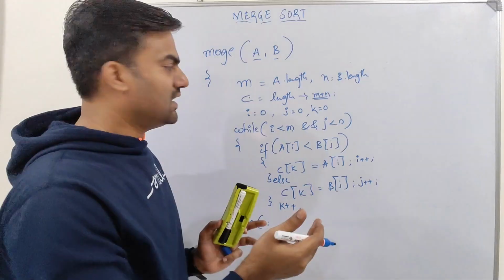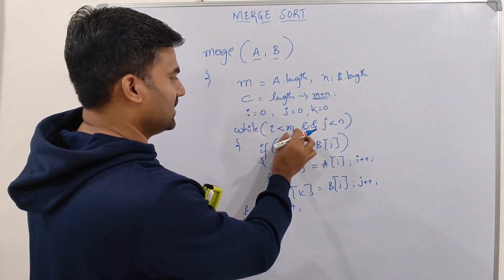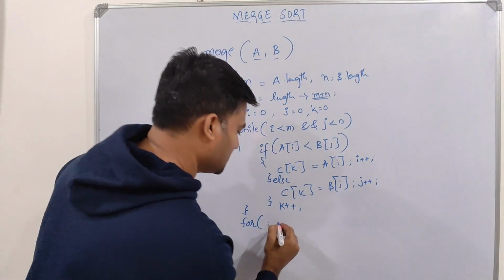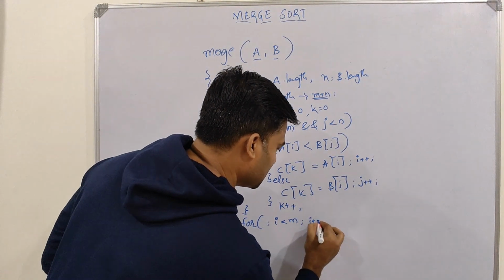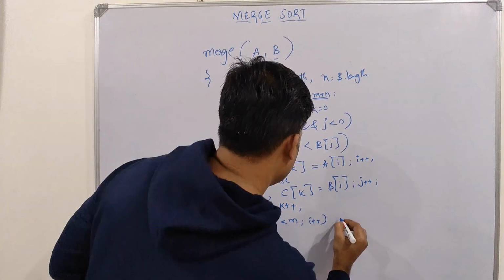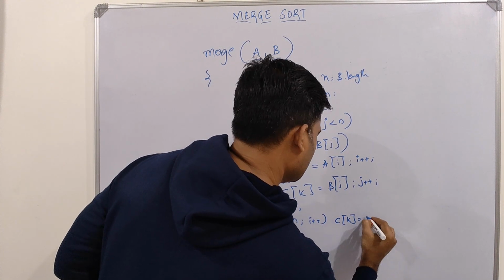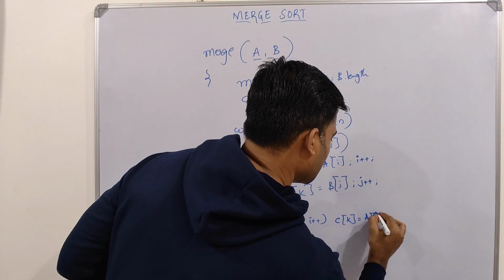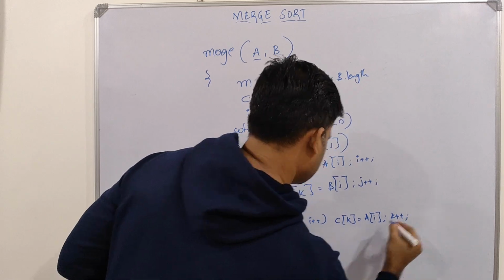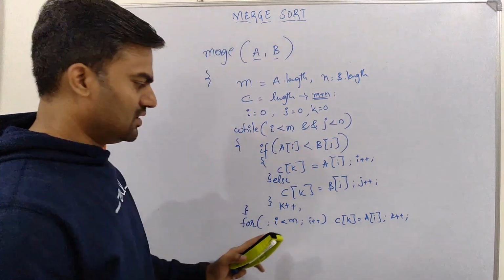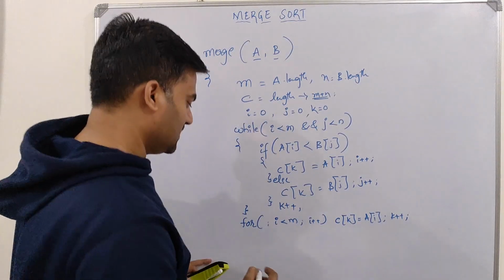So from there till it is less than its particular length, we will have to iterate. So i less than m, i plus plus, what we will do, we will say c of k equal to a of i, then increment k plus plus. This is for copying the remaining elements in the first array.